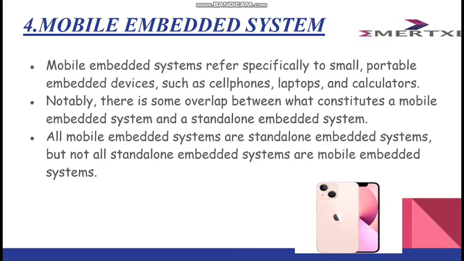The mobile embedded system refers specifically to small portable embedded systems such as cell phones, laptops, and calculators. There is some overlap between mobile embedded systems and standalone embedded systems. It should be noticed that all mobile embedded systems are standalone embedded systems, but not all standalone embedded systems are mobile embedded systems.